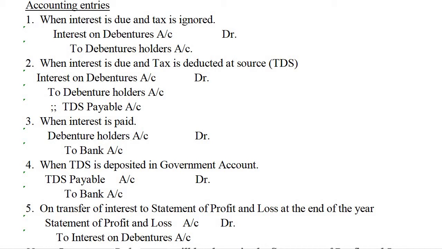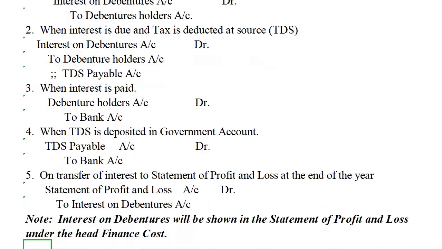It should be repeated. But the transfer of interest to statement of profit and loss needs to be written only once, because profit and loss account will be prepared at the end of the year only.